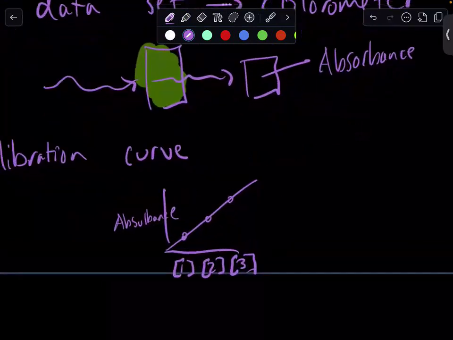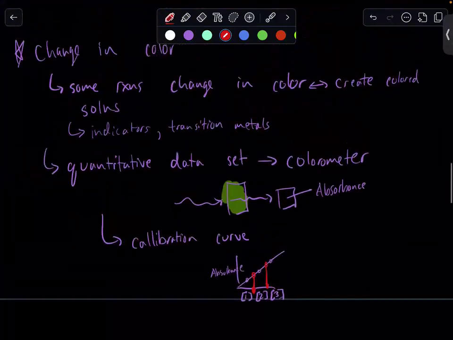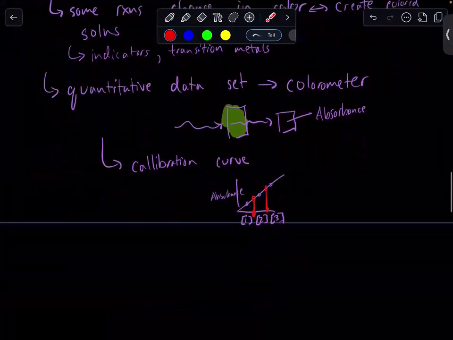And as you get that graph, when you get your new solution, you can calculate the absorbance and use that to figure out what your concentration is. So generally when you're doing a quantitative data set from a color change, you'll need to start using tools like a colorimeter and maybe a calibration curve to actually identify what your rate is. Instead of just general fast or slow, you'll need some type of tool to measure that.